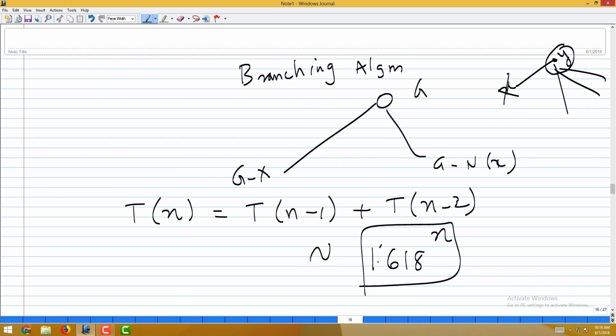If you go inside and carefully look, here are some trivial improvements. Suppose, I mean, one idea is you pick the high degree vertex and branch, right. But if the high degree itself is 1, what does that mean? If the graph has maximum degree 1, what does that mean?